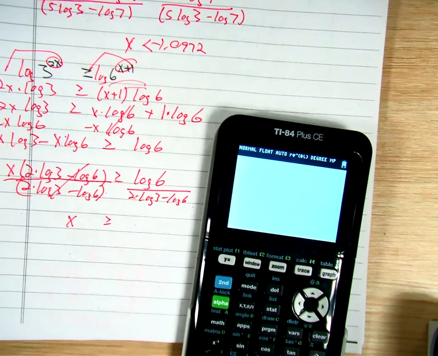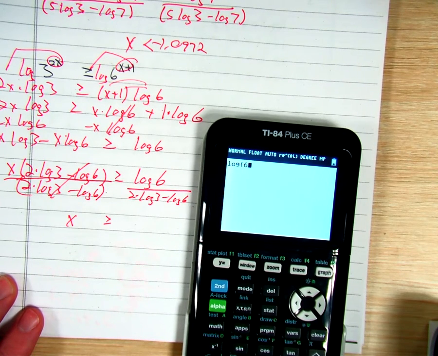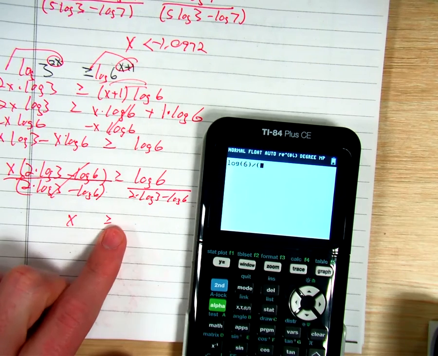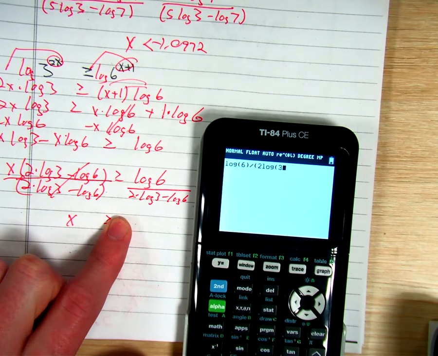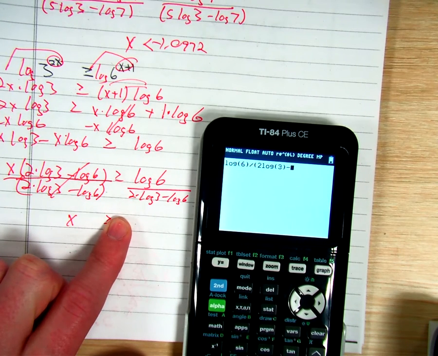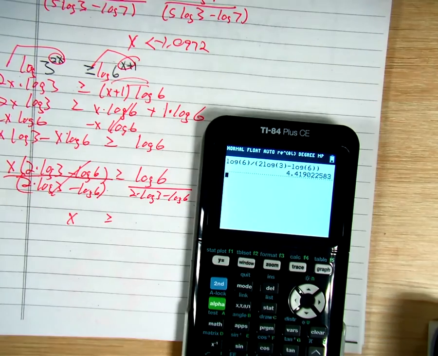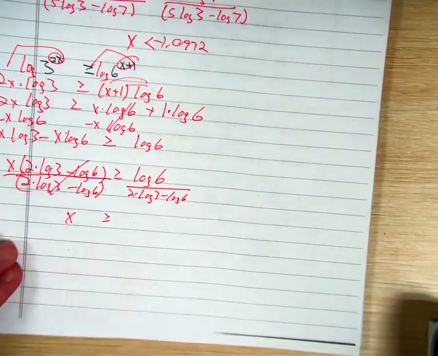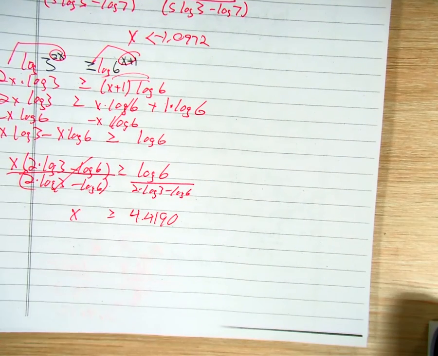Okay, I'm going to go with log of 6 divided by, now I didn't do the second set of parentheses because there's only one thing on top, divided by parentheses 2 log of 3 minus log of 6, double close, 4.4190. Alright, so there was that one.